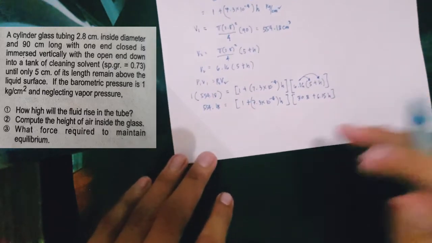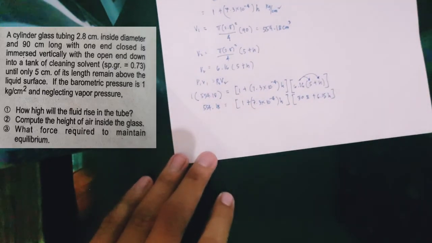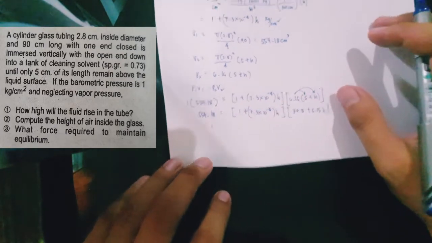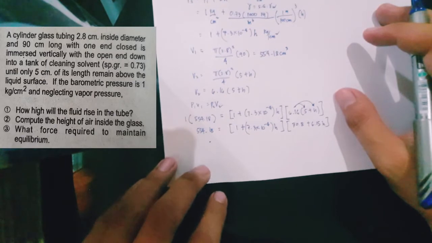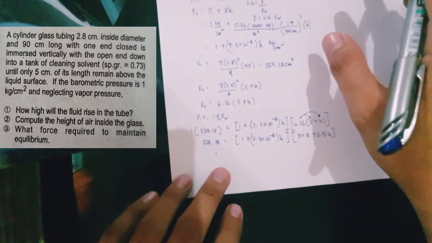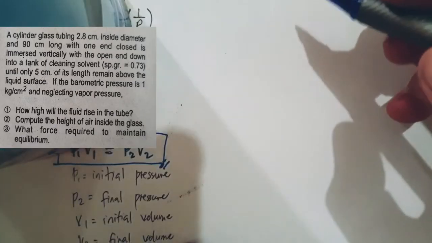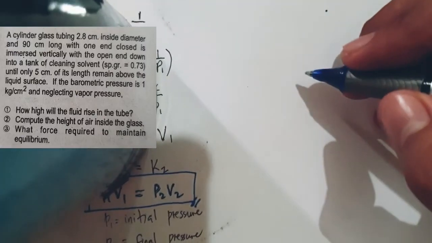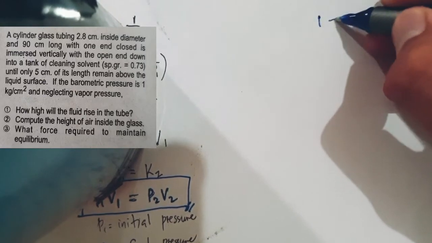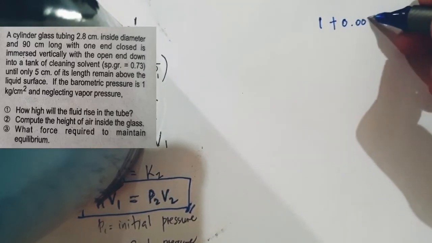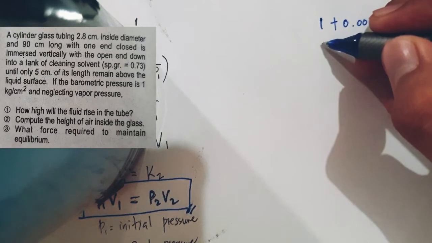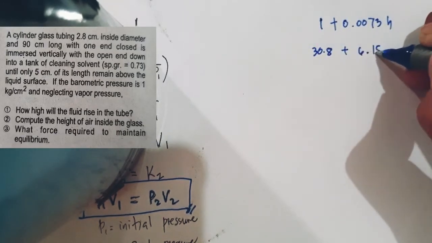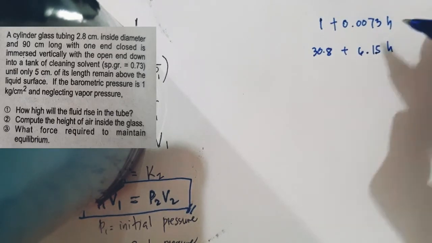So, mag-multiply ta, no? This is quadratic equation. So, okay, so dirita. Okay, so ato siyang i-write as 1 plus 0.0073 h multiplied by 30.8 plus 6.15 h.